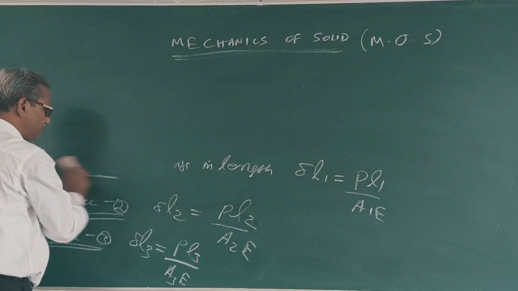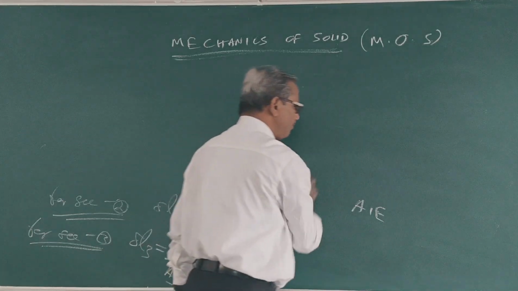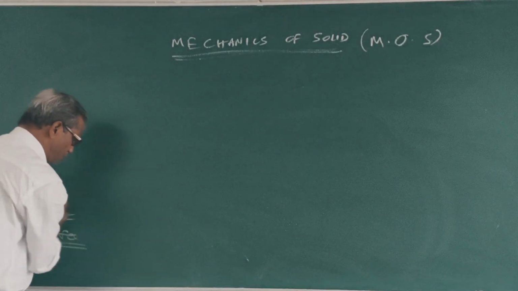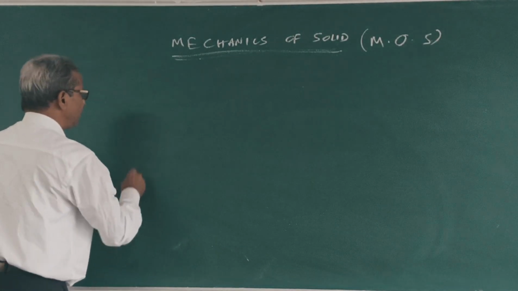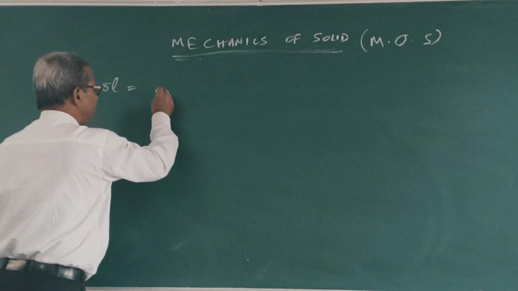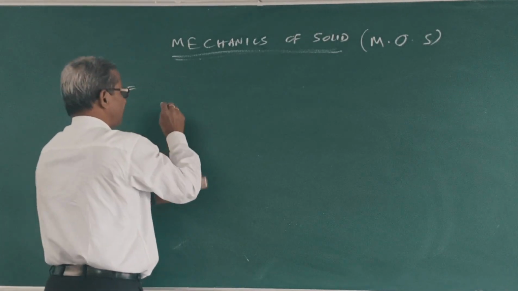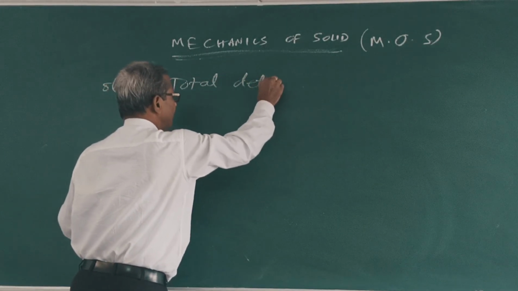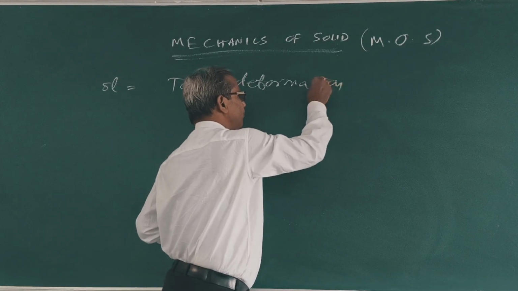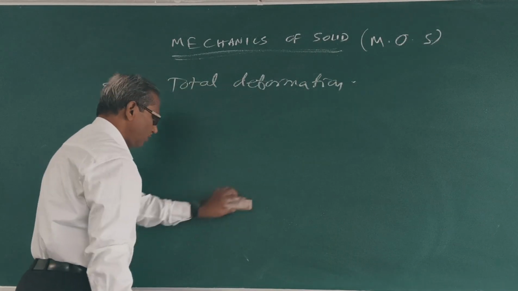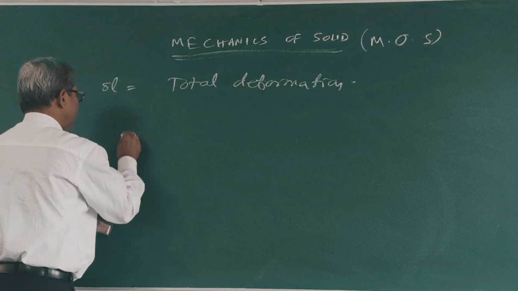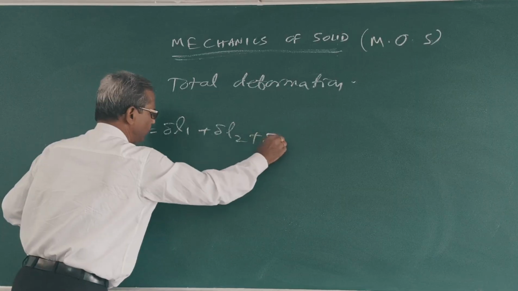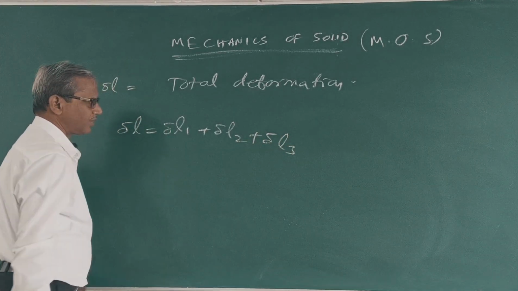Let delta L be the total deformation or resultant deformation. So what is delta L equal to? Delta L1 plus delta L2 plus delta L3. Clear?